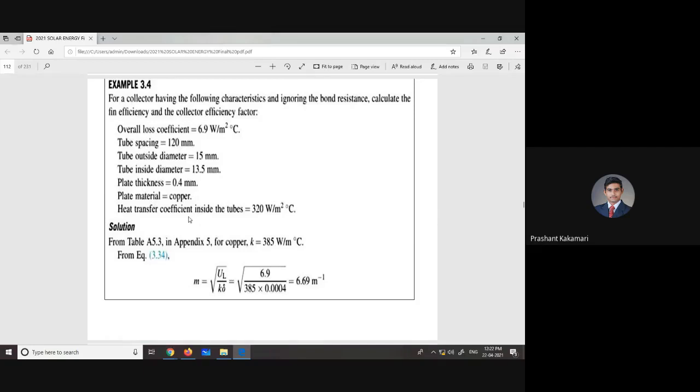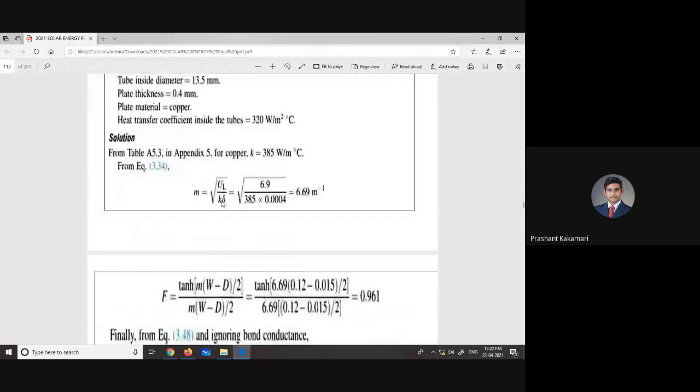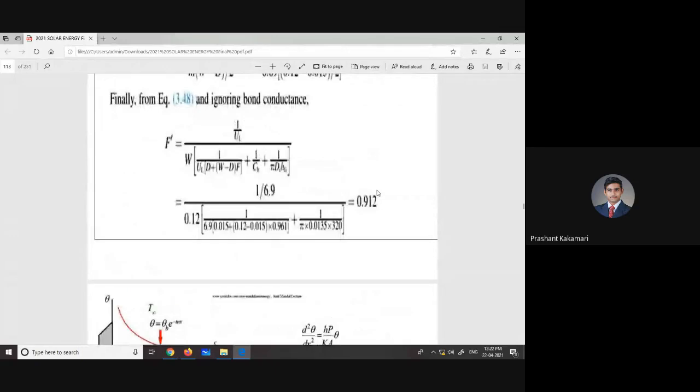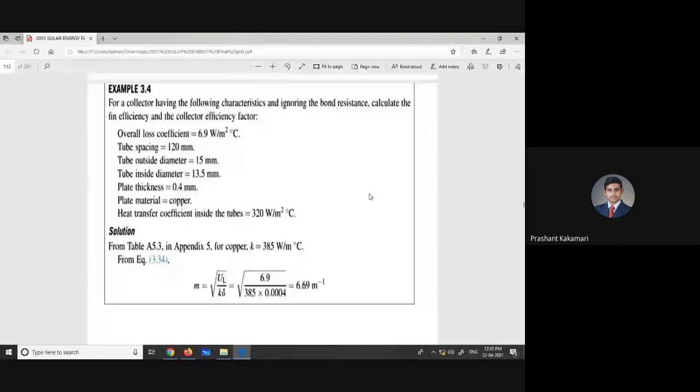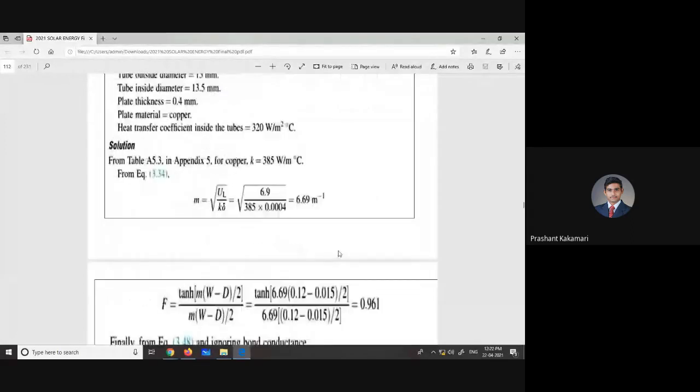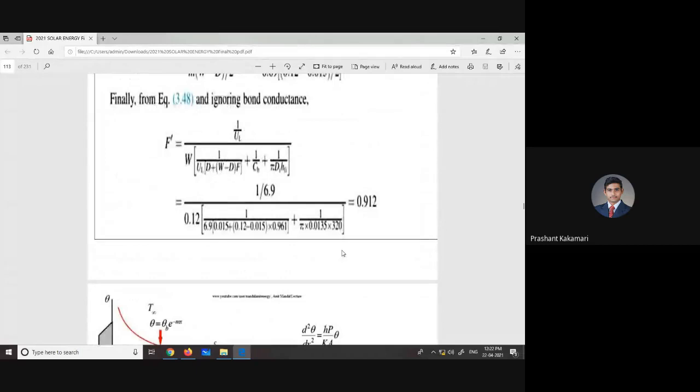It is 320 watt per meter square for the copper and the outside atmosphere. If you substitute that value, 320, one can get the collector efficiency factor of the flat plate collector, which is around 91.2%, or you can write it as 0.912.